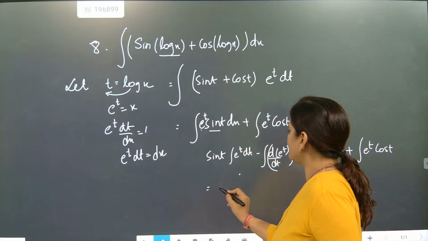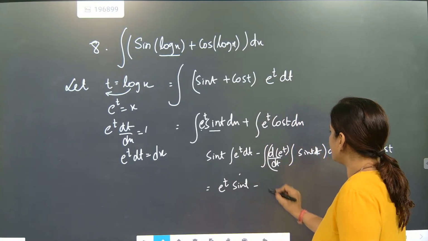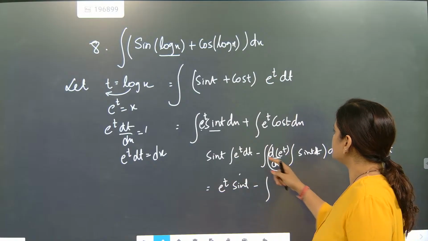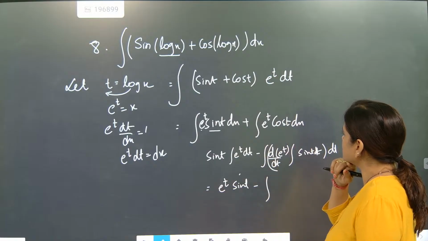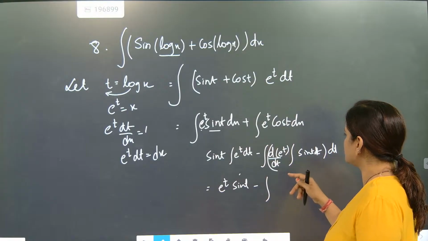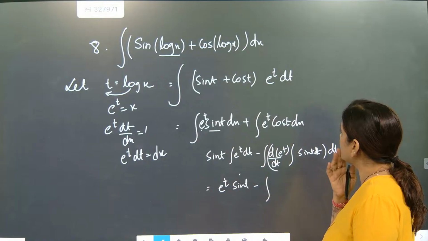If you solve it, it will become e to the power t sin t minus, and this sin t part will give you what? Because this is minus cos t integration, sin t integration will give you cos t. So minus plus minus minus.